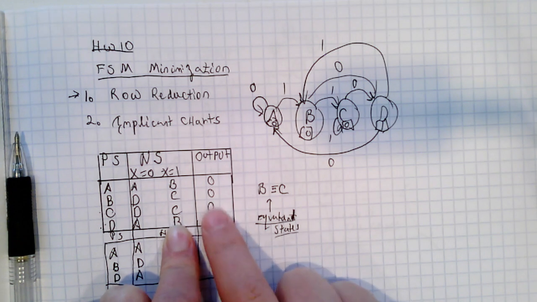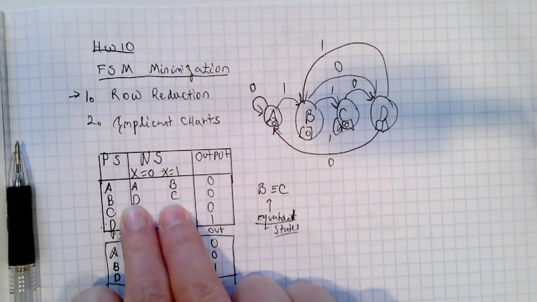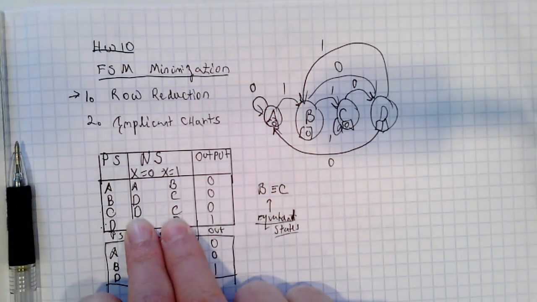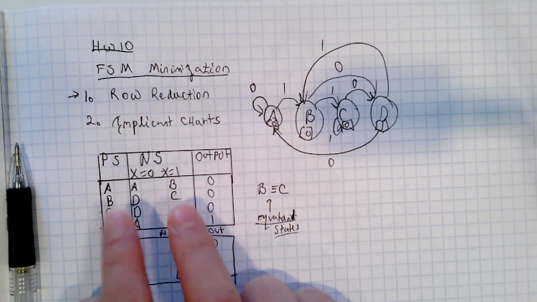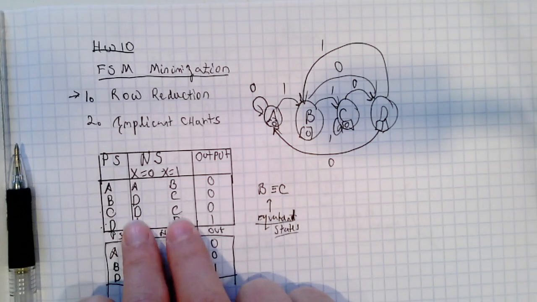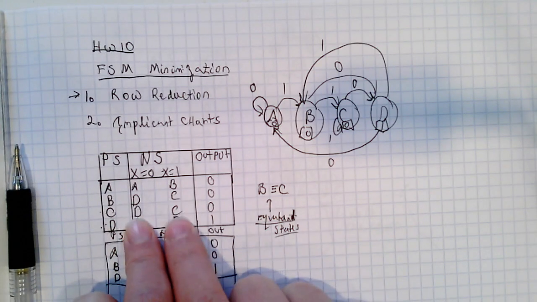But A might be equivalent to B, and A might be equivalent to C, and B might be equivalent to C. If the outputs are the same and the next states are the same, here B, next states are D and C, here C, next states are D and C, then we have a matching row. These give us equivalency between B and C.